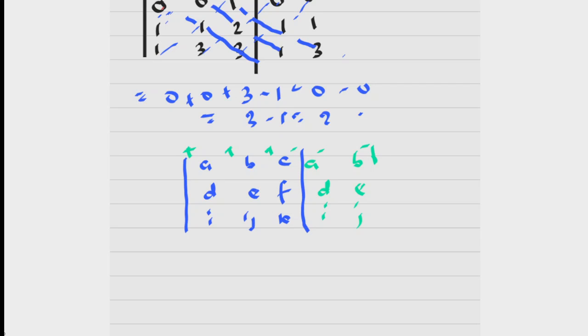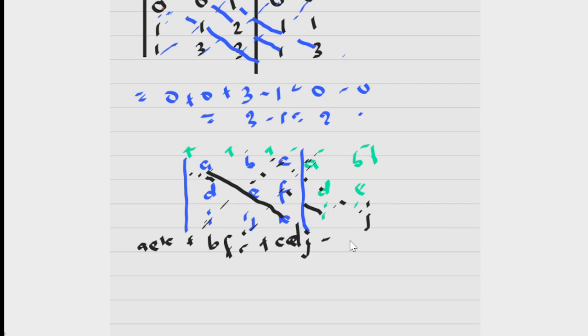So you take the product of the matrix along the diagonal. Then you are going to have A times E times K, plus B times F times I, then plus C times E times I. Then minus C, E, J, minus A, F, J, then minus B, D, K.